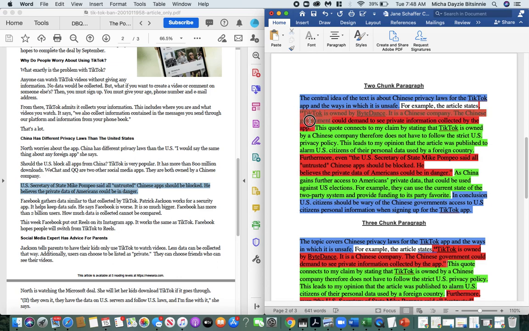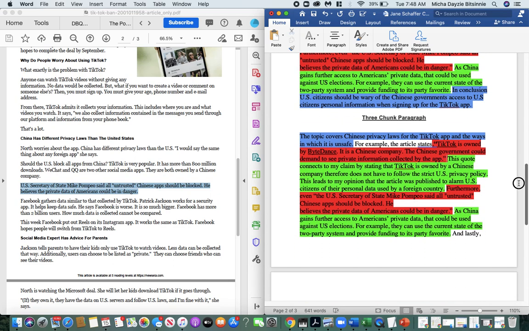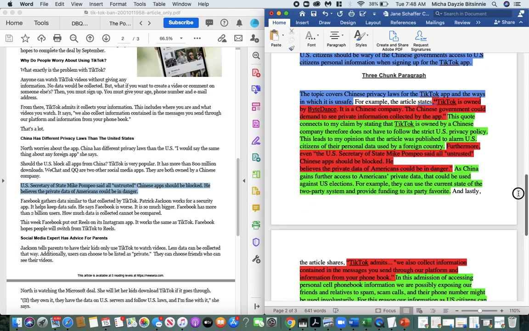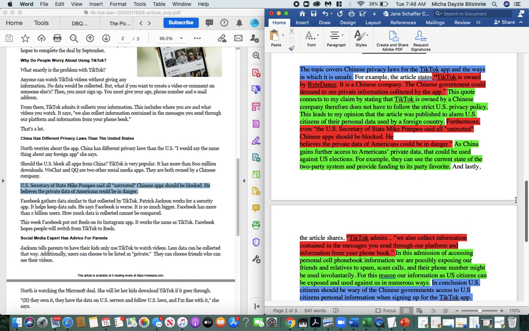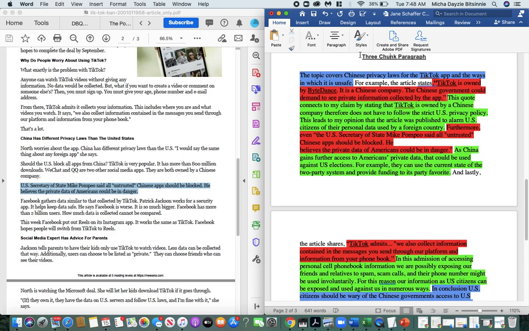Again, usually we want to keep your concrete detail to 1 sentence, but because this is a reading that breaks up information, this is okay. And then your 3-chunk paragraph, the only difference again here is another chunk.